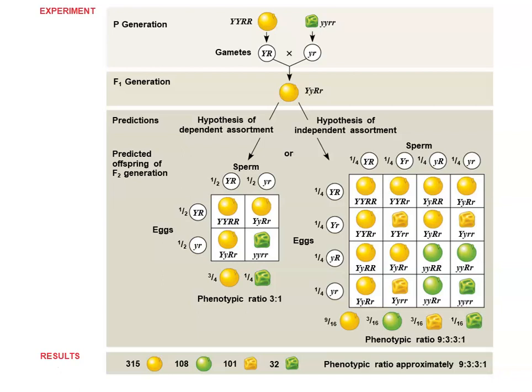And so that ratio is 9-to-3-to-3-to-1, 9/16 showing both dominant phenotypes, and then 3/16 of the time showing one of the dominant traits but recessive for the other, and then 1/16 of the time showing both recessive traits.